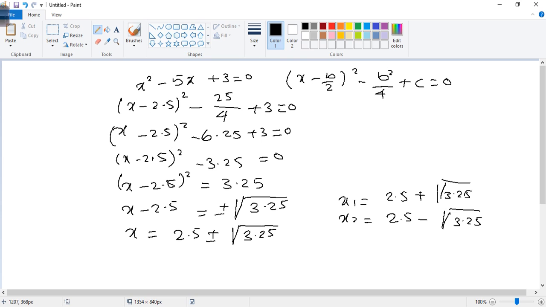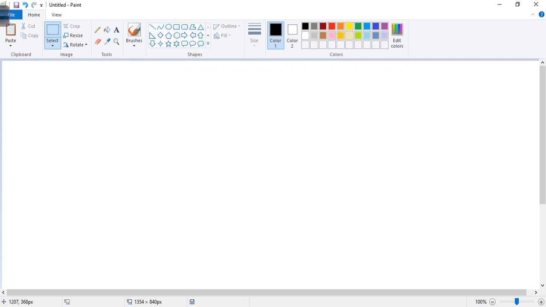Sometimes completing the square gets a bit harder. Let us take one of the harder questions, like when a has a value, for example, 3x squared plus x minus 2 equals 0.